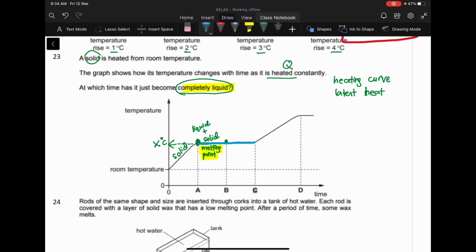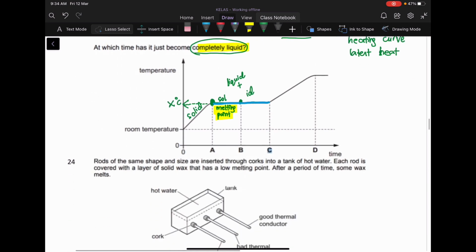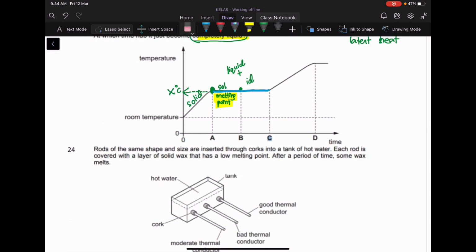So actually, here also you have liquid and solid. So I just move this one. Liquid and solid, here. Liquid and solid, this region.